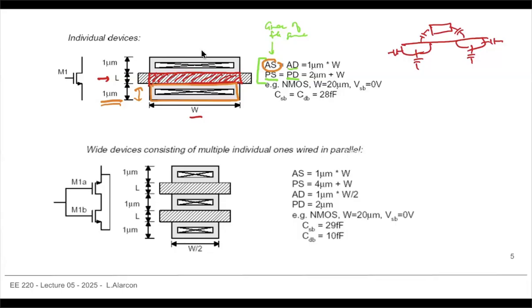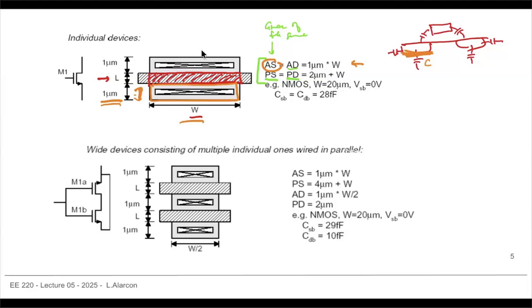In this example, if I have a micron, then the area of the source is 1 micron times the width. That allows me to calculate the area of the bottom part of the source, and it gives me my capacitance over there, because that's the area of the PN junction.